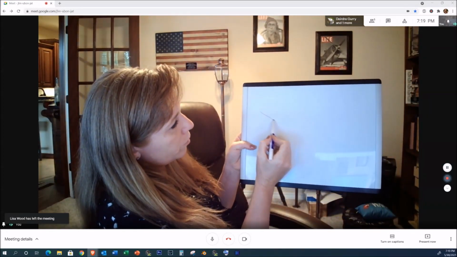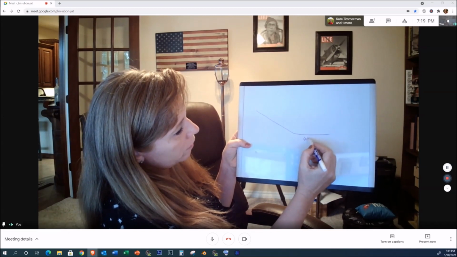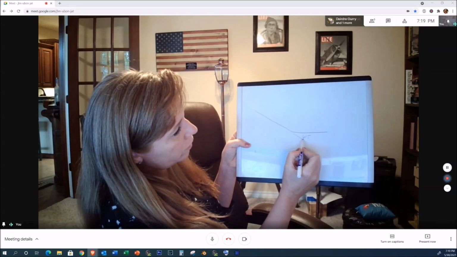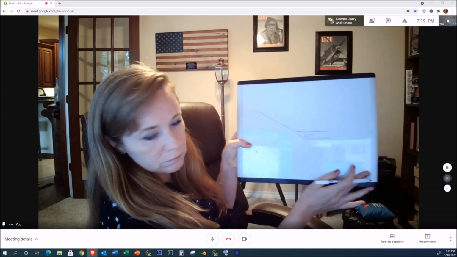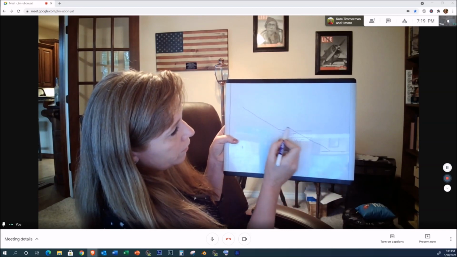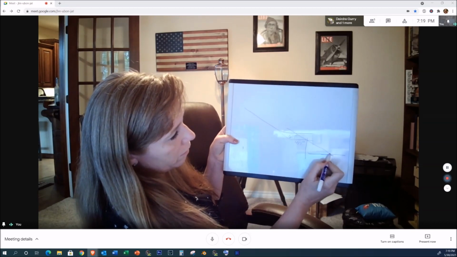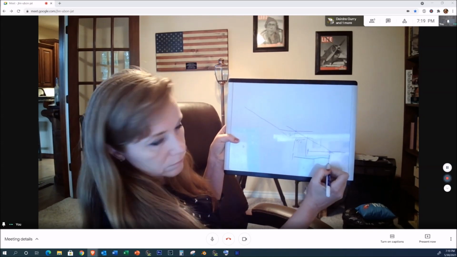So you've got this approach. One person is at 615 above the ground, and the other person is at 415 above the ground, right? You've got that runway, and then you've got a 3-degree glide slope. This distance here is going to be different than this distance here.